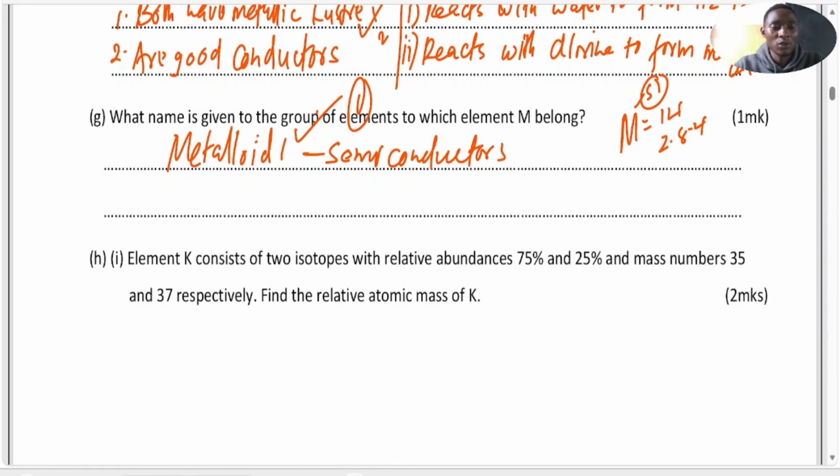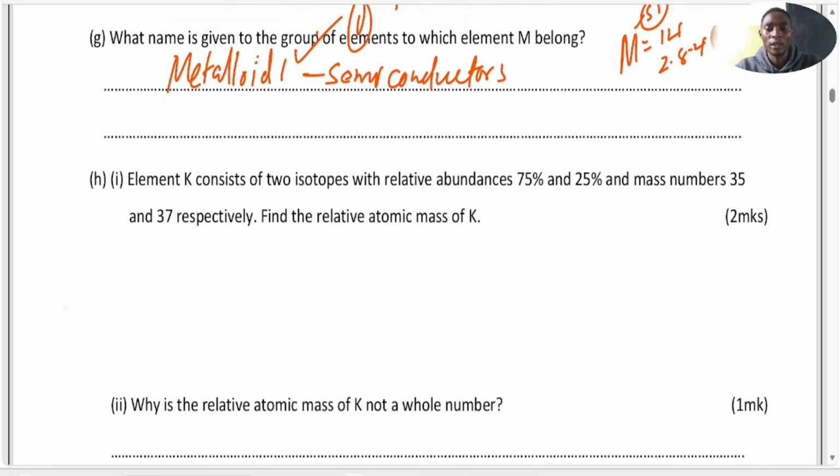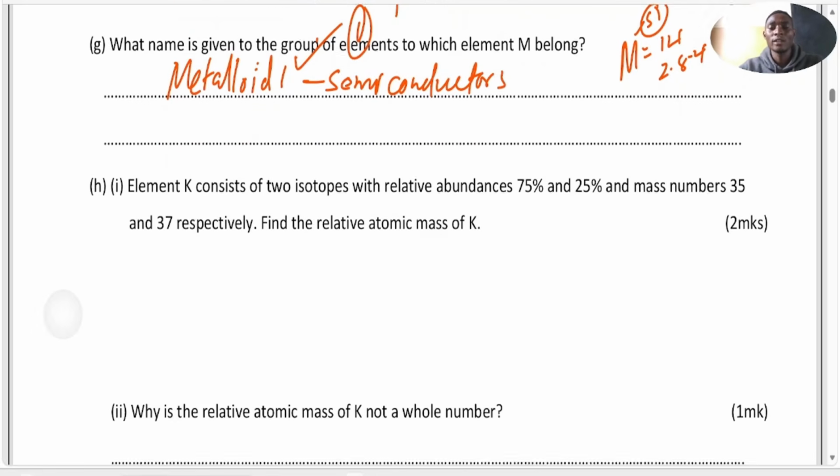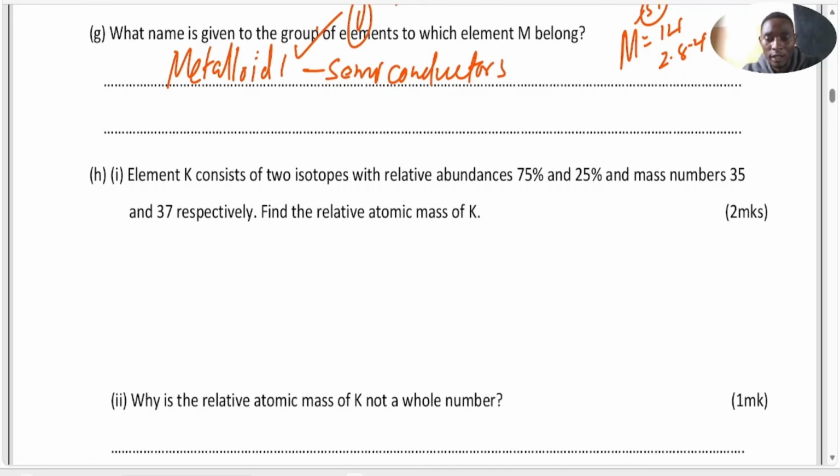Moving to the next question. Element K consists of 2 isotopes with the relative abundances 75% and 25%, and mass numbers 35 and 37 respectively. Find the relative atomic mass of K. So how do we find the relative mass of an element that has isotopes?